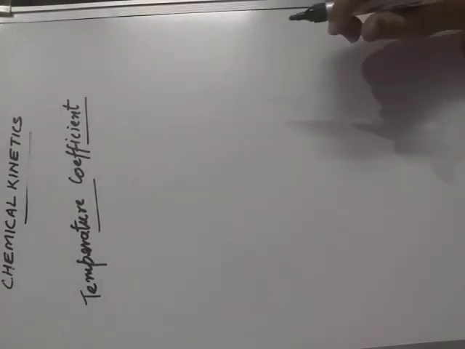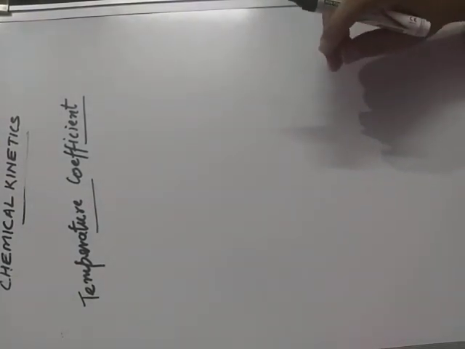Now we are going to take the topic temperature coefficient. Temperature coefficient is related with the rate constant. You know that temperature is the only factor that affects both the rate of reaction as well as the rate constant of the reaction. Is it okay?